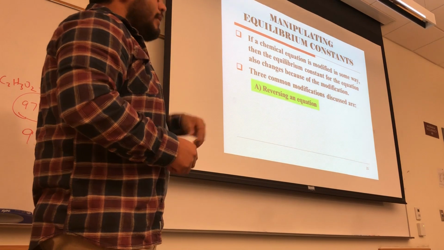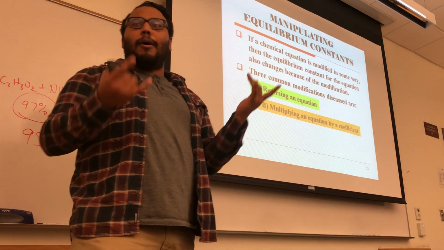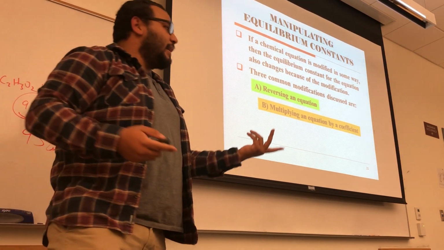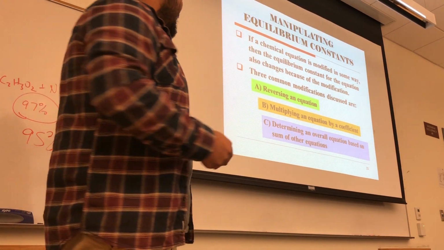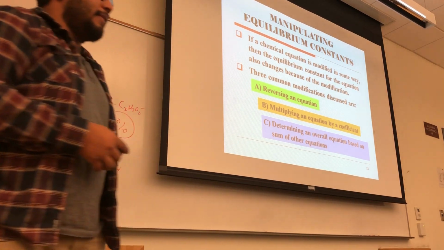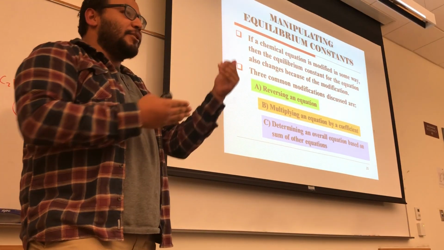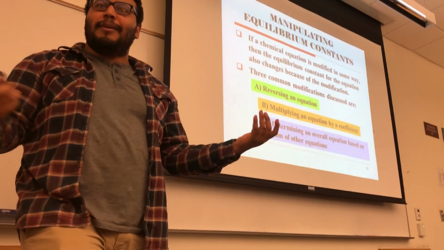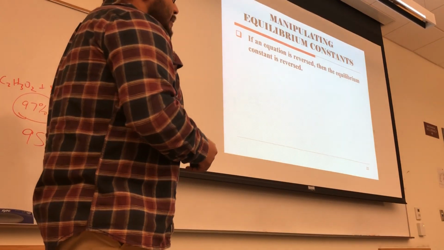That would be A. B would be, what if I multiplied all of the coefficients by some factor, let's say 2? What do I do to my K value? We're going to go over C individually, don't worry. It's about determining the overall reaction based on the sum of other ones. Let's say I had some sort of mechanism with individual K values. Can I figure out the overall K? Which is what we're going to do. So our first one, we said, what if I reverse it?